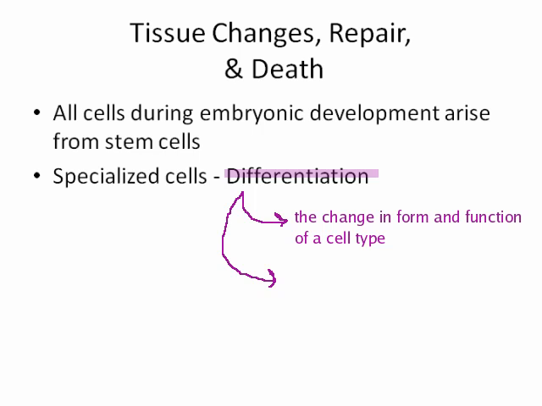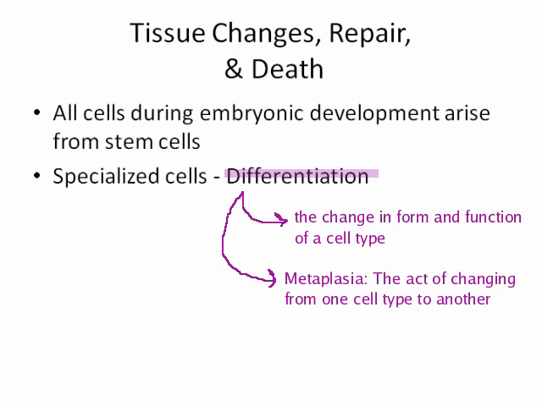This is something that we actually see happen quite a bit, especially in epithelial cells. Metaplasia is one of those terms. And by the way, plasia here means to change, and meta here is form.